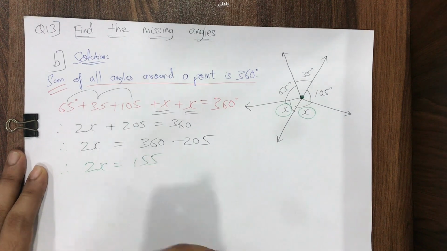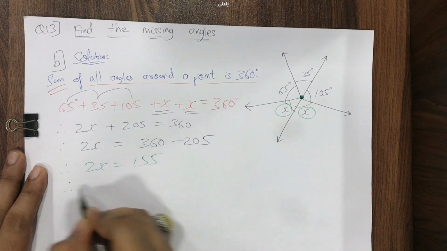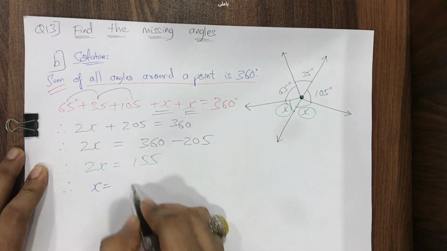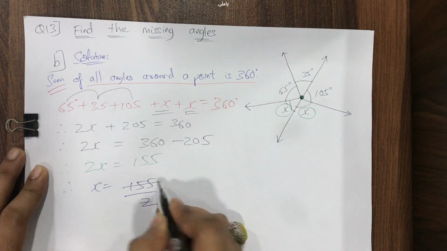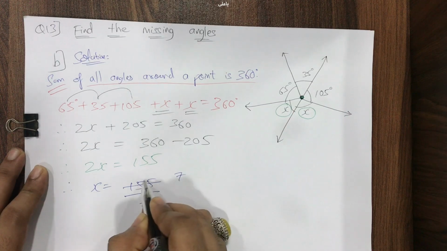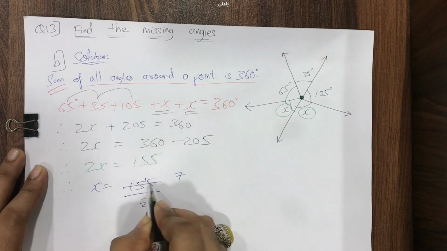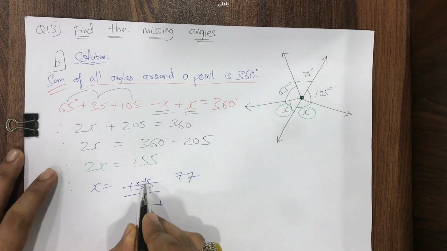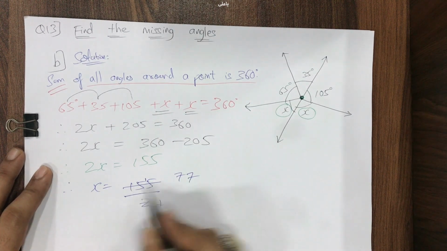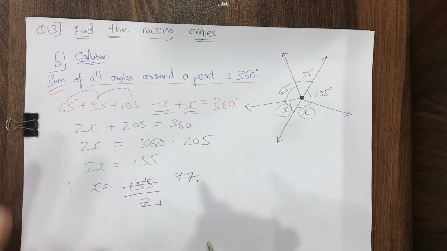Pay attention, 155. Therefore x will be what? x will be 155 divided by 2. 2 ones are 2, 2 sevens are 14, but yeah, it's 15. So 1 is the remainder. Carry it forward over here. This becomes 15. 2 sevens are 14. Once again 1 is the remainder. But now I have no number, so I'll put a decimal point so that now I can add 0.